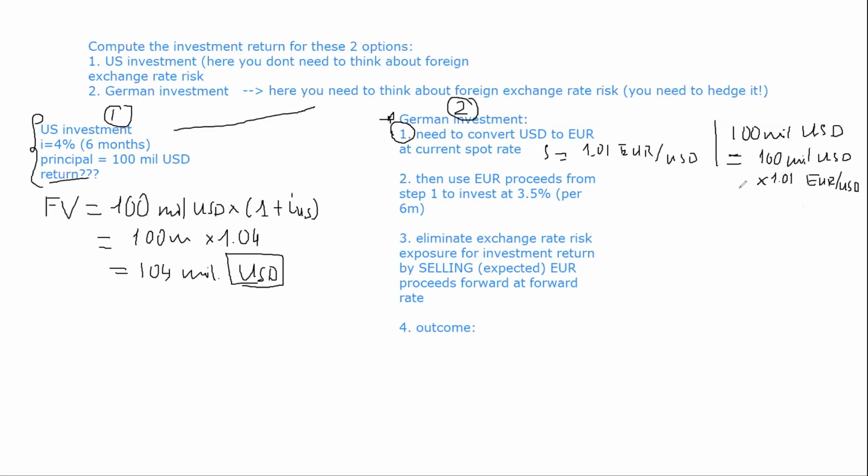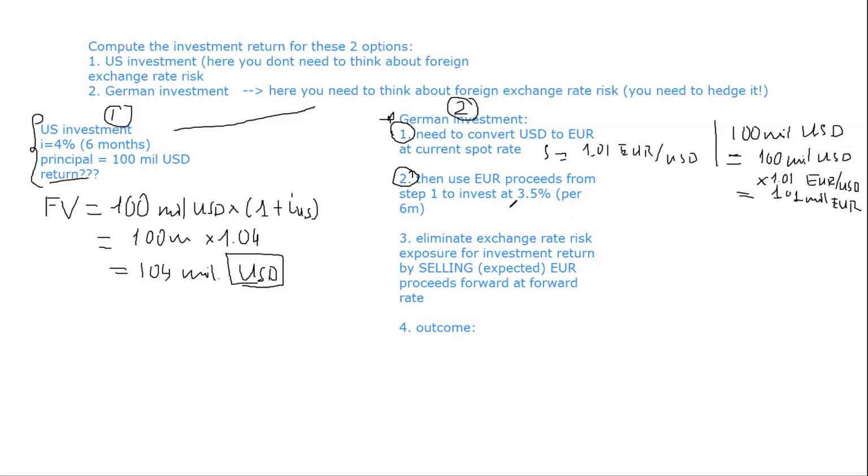Okay, so if I want to find the equivalent euro amount, it will be 101 million euro. Okay. So after I have converted my USD into the euro, I'll take that money to invest in the government bond. I'm going to buy a government bond now, and I'm going to hold it for 6 months.